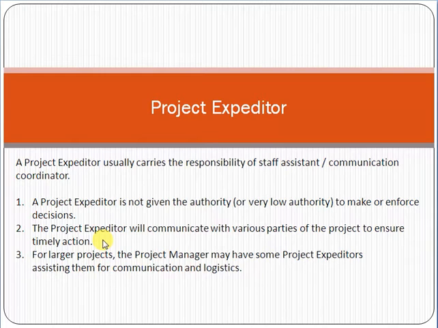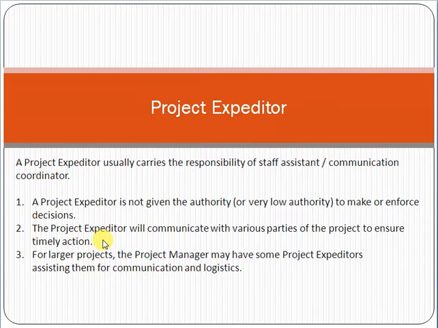When we are working in the domain of project management, there are a few roles, like project coordinator, project expediter, project manager, then senior project manager, then program manager, then portfolio manager. One of the roles in project management is project expediter.